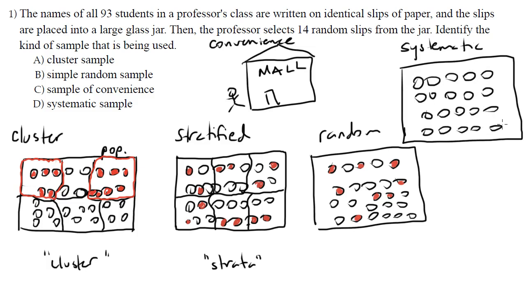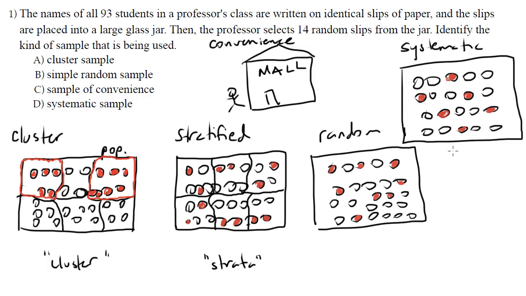I'm going to choose every third person and sample them. 1, 2, 3. 1, 2, 3. Now you want these people to be organized randomly to start, but then you systematically go through and choose every kth person. So in this case, it's 3. So every third person I sample. And those are the major types there.